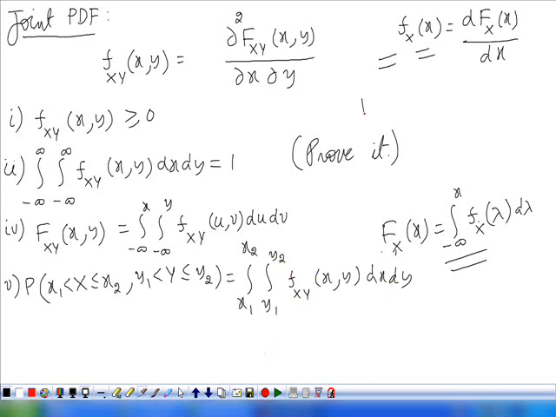We already know the probability of x1 less than x less than or equivalent to x2 is equivalent to the integral x1 to x2 of fx of x dx. So this property is extended to two random variables. The probability of x lying between x1 and x2 and y lying between y1 and y2 is equal to this much. Understood?